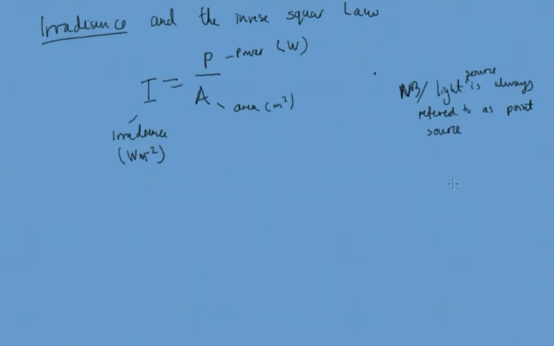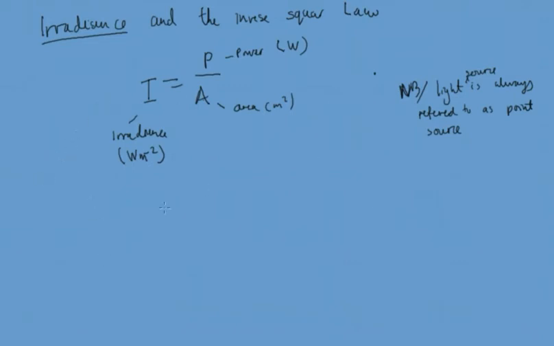So say you had a light bulb, you would just refer to that as a point source. It's just like how in mechanics, when you've got a mass, you would think of it as a point mass. So that's just a little aside.